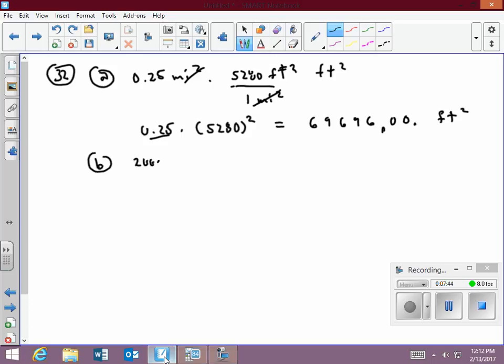It's 2,000 meters squared, and they want it in centimeters. So what is it, 100 centimeters is a meter. So if you go squared, then you got 100 centimeters squared.